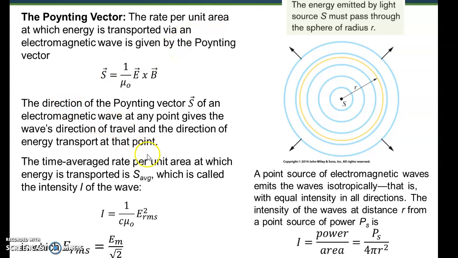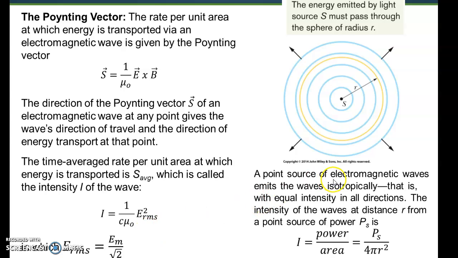The time average rate per unit area at which energy is transported is S average, which is called the intensity of the wave. This is a critical equation: intensity equals 1 over c mu 0 times E root mean square squared. E rms is the magnitude of E max divided by the square root of 2, so it is E max squared divided by 2 that goes into this equation.